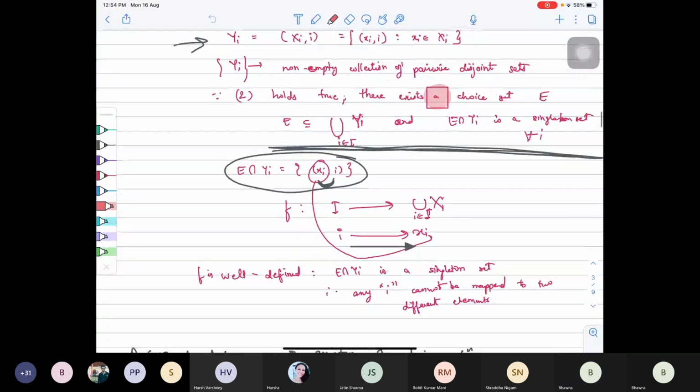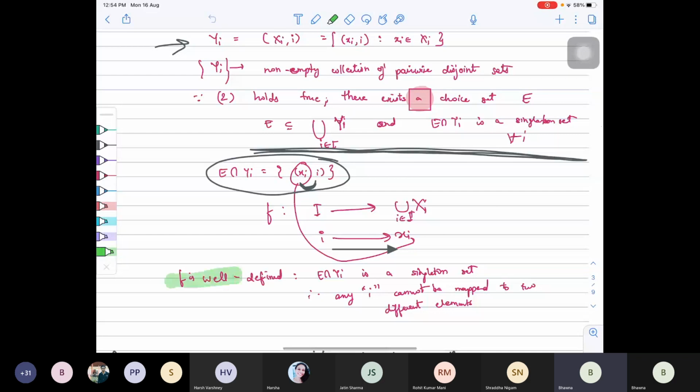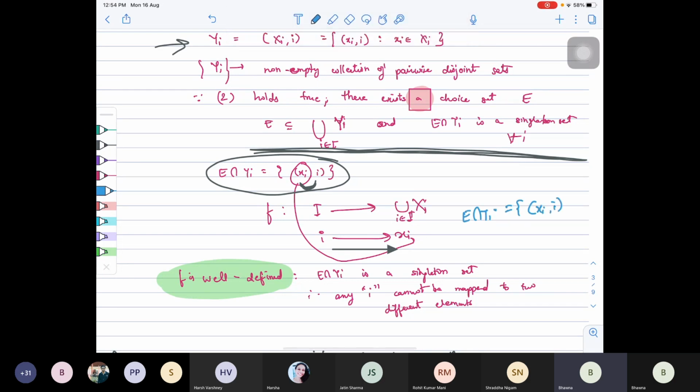The reason we want a choice set is because we want the function to be well defined. Suppose E intersection Yi was something that had xi and xi tilde.